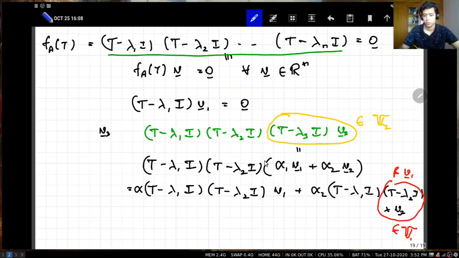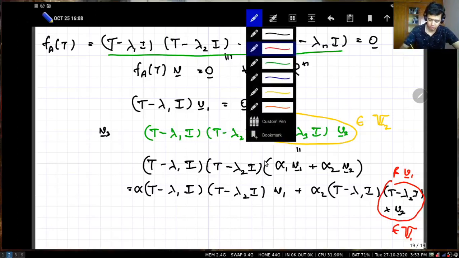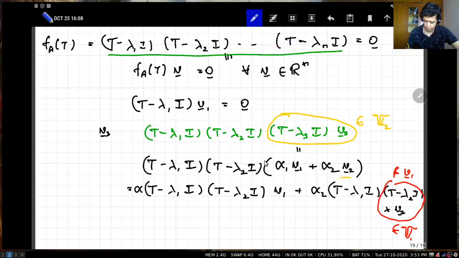And T minus lambda 1 I times v1 is equal to 0. So the second term is equal to 0.